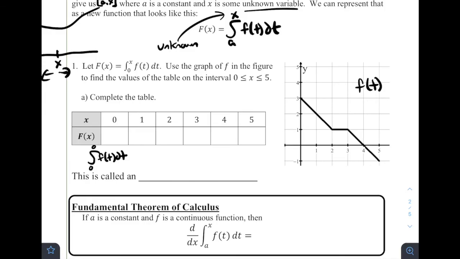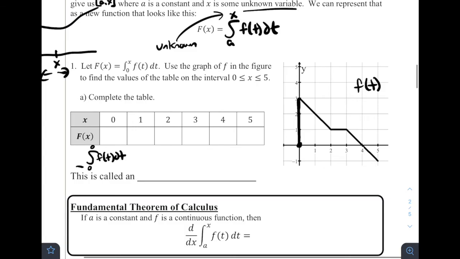And so if I'm starting at 0, so x equals 0, I'm drawing my vertical line to show where this area is going to start, and it stops at the exact same x value, there's really no opportunity for any area to have accumulated. So because of that, when these limits of integration are the same, no area could have accumulated, so that is going to be equal to 0 here.